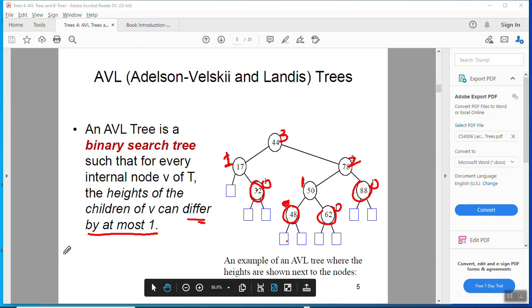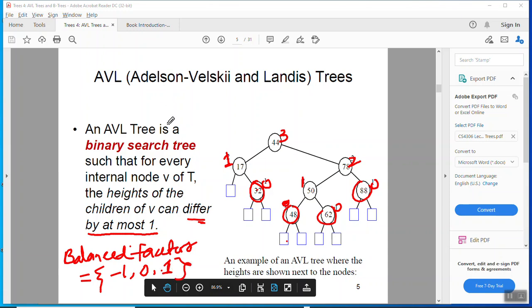The balance factor can be either -1, 0, or 1.